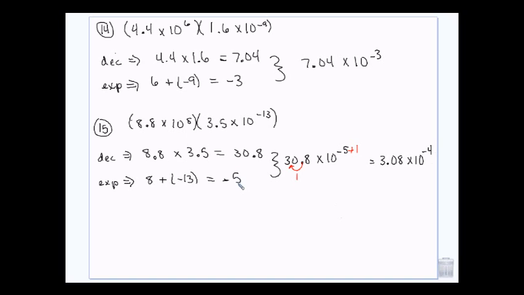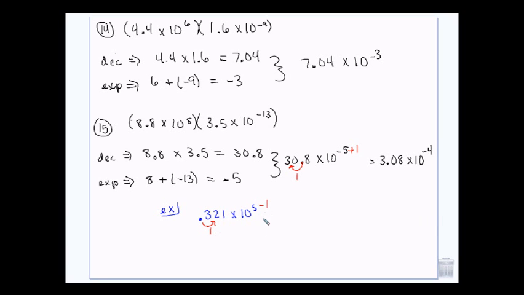If I were to have to move the other direction, just as an example, let's say I got something like 0.321 times 10 to the 5th or something. To fix that, I would be moving the other way.